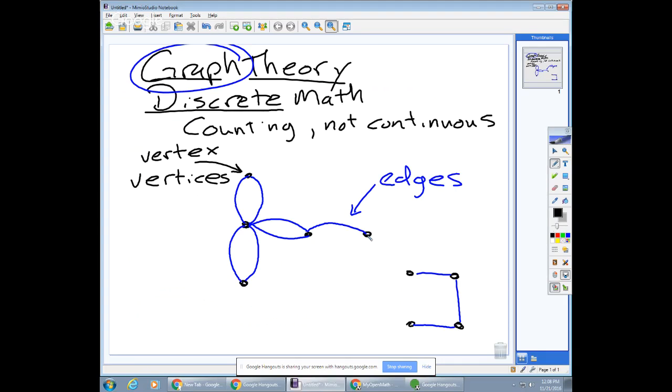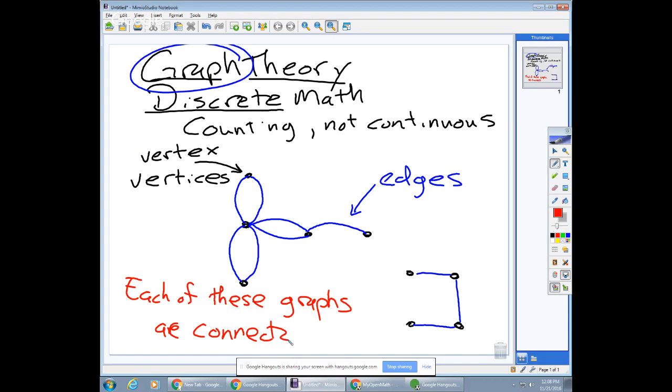Okay. And every graph is a little bit different. Each of these graphs has a property called connected, which means you can get from one vertex to any other vertex. So I'll write that down on the next screen.